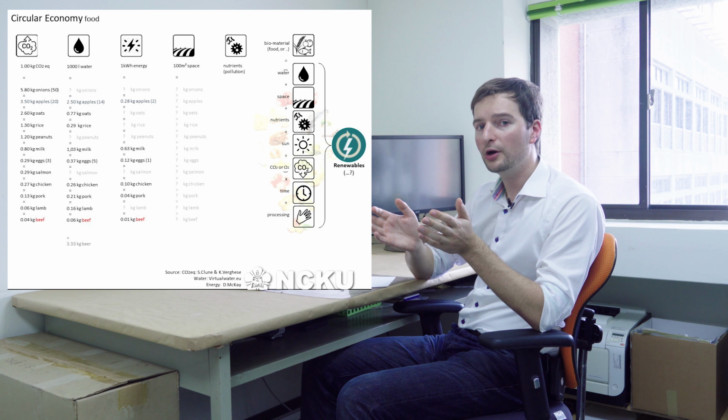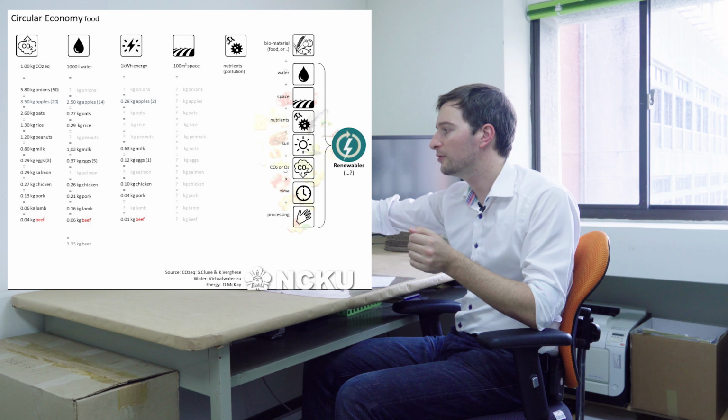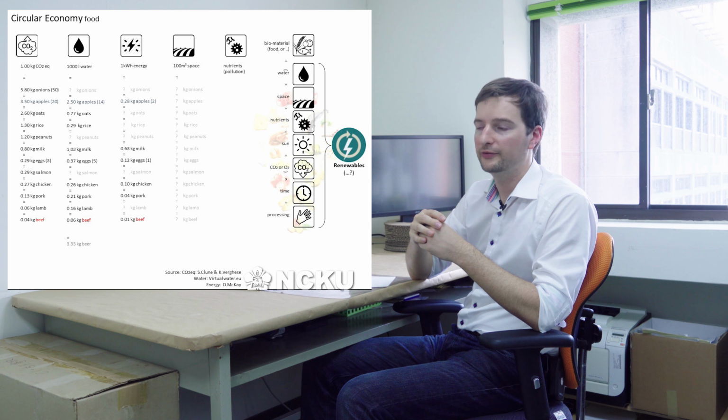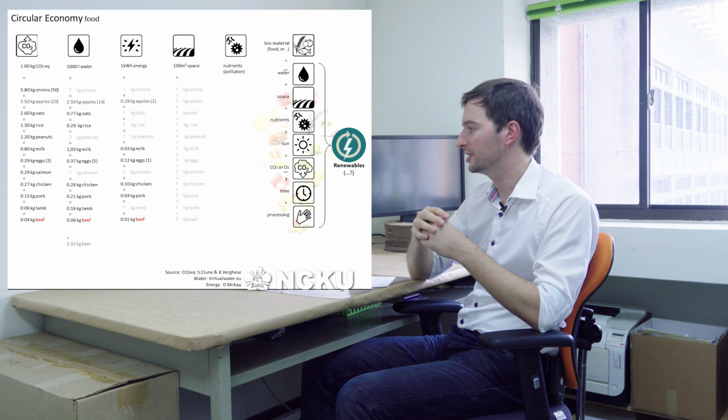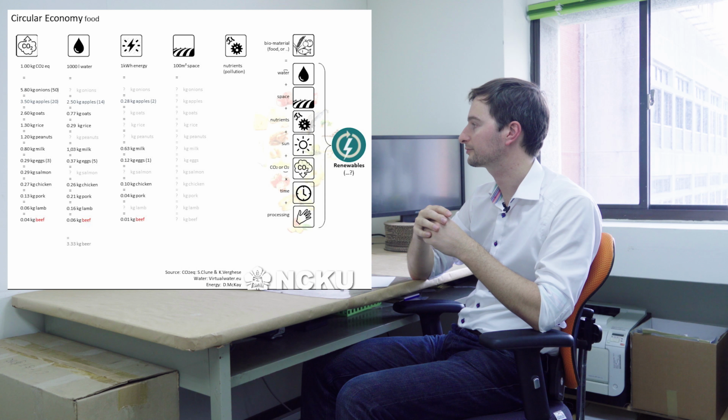What else can you do with 1 kilogram of carbon dioxide equivalent? 0.4 kilogram of beef. So that's a factor of almost 100 times. You can have 100 times more apples than beef.